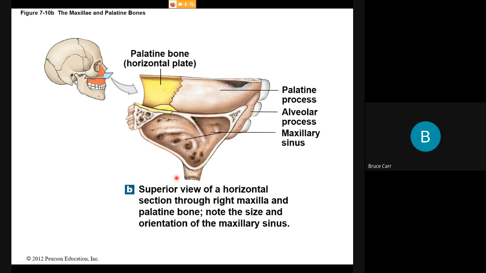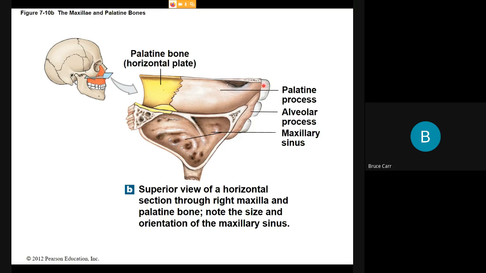This is another section. Notice this particular horizontal section, a transverse cut into the nasal cavity. This orange bone shown here is the maxilla, the upper border of the oral cavity and the lower border of the nasal cavity.